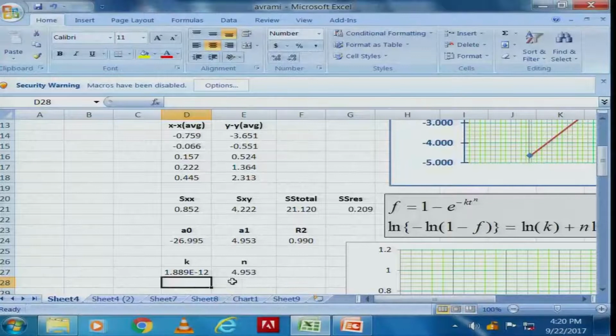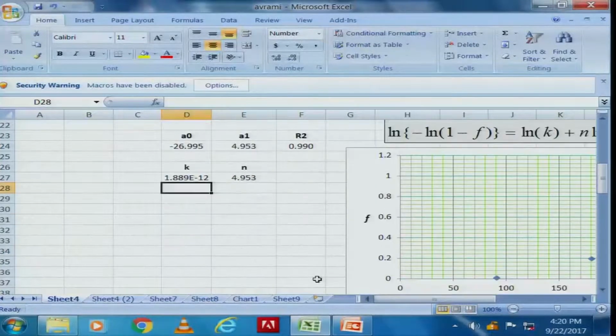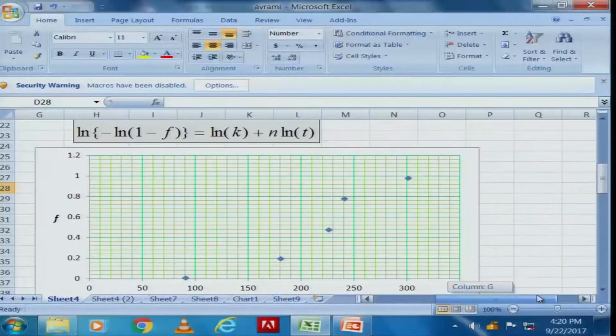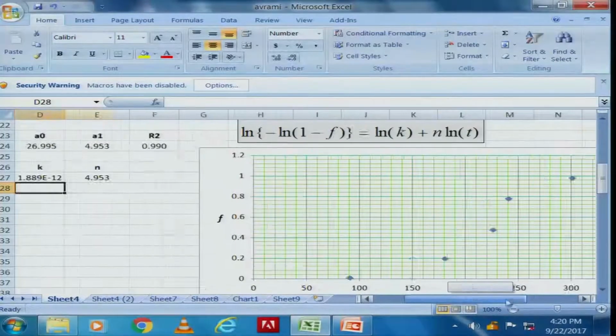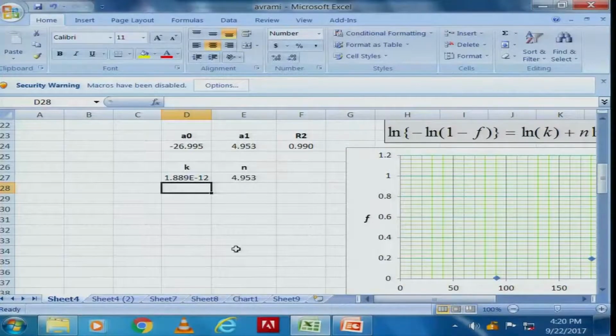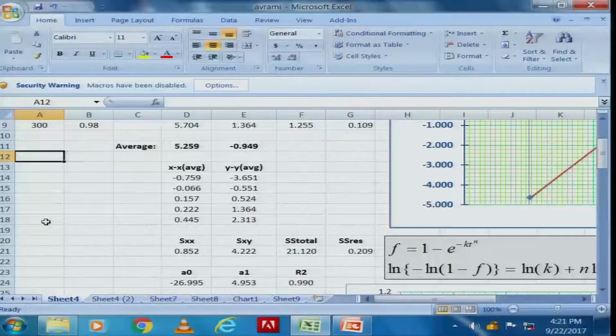Now, we can also see how well this N and K fit to this data. So, let us quickly have a look at this as well. Let me put it somewhere here. Let me put time here and the fraction transformed here.